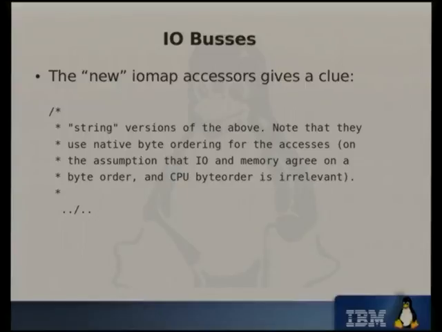This is correct, though it's not necessarily very clear for everybody. It says string version of the above. Note that they use native byte ordering for the accesses on the assumption that I/O and memory agree on a byte order and CPU byte order is irrelevant. That's actually correct. It's just not very clear.